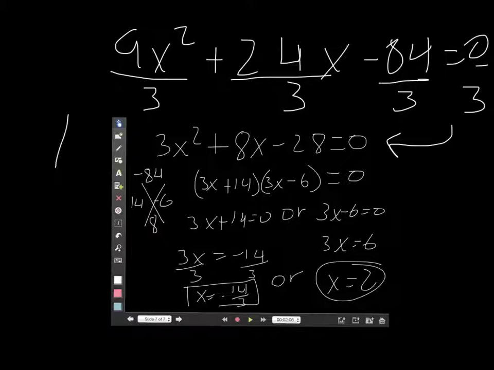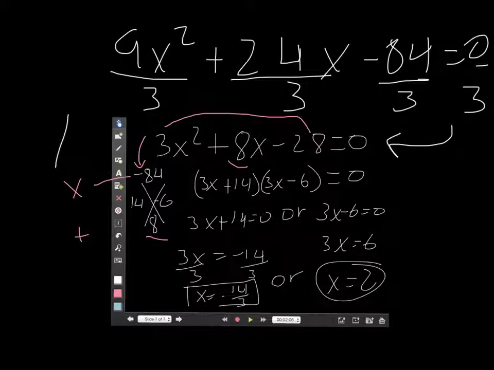So again, we multiplied 3 times negative 28 to get this negative 84 on top, and the 8 goes on the bottom, and we ask which two numbers multiply to negative 84 and add to 8.